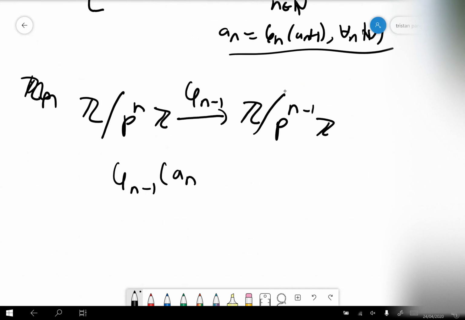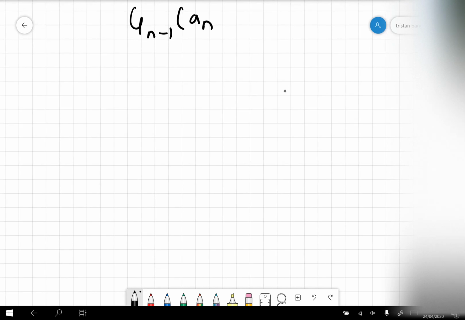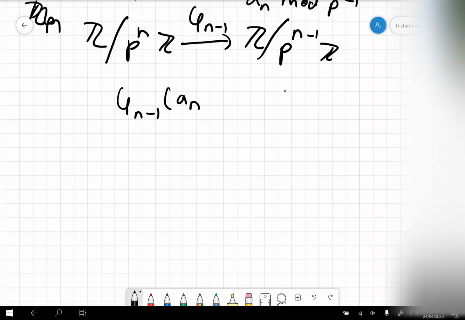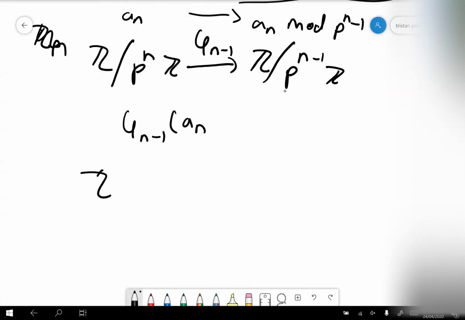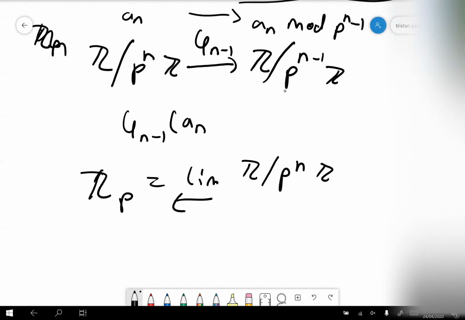So we take a value up here, a_n, and then we pass it down to a_n mod p^{n-1}. So we define the p-adic integers Z_p as the inverse limit of these rings here.